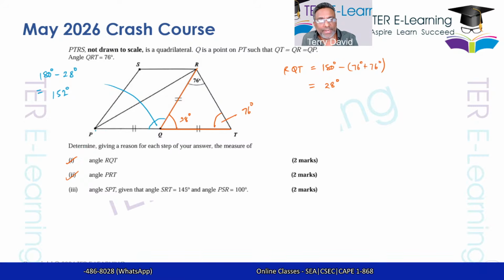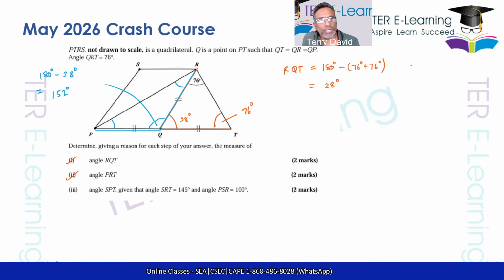Now, if you look carefully again, we have a triangle here that is actually an isosceles again, based on the fact that they give us the length of this thing here. So this length here, as well as PQ, they're the same. So what that means is that this angle here and this angle here are going to be identical.